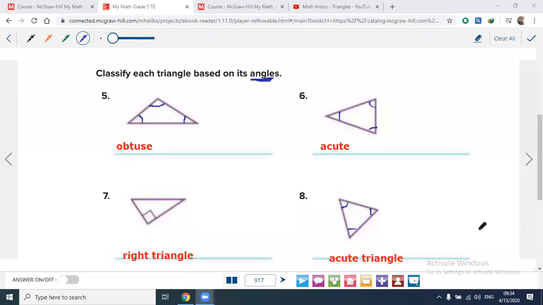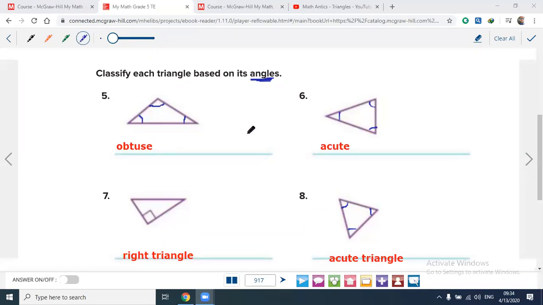Obtuse. Obtuse, okay. And acute. And isosceles? No, you are going back to the sides. Angles. And right triangle. Yes. A right triangle has only one right angle. Acute means all angles are acute. Obtuse means only one angle is obtuse.